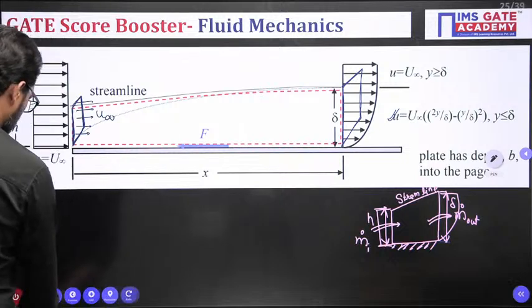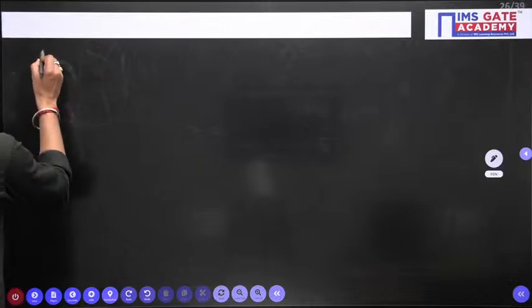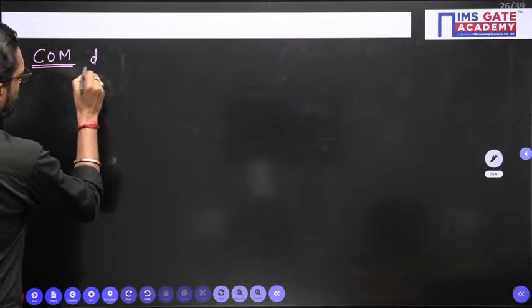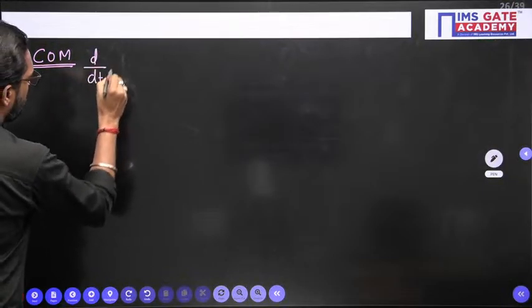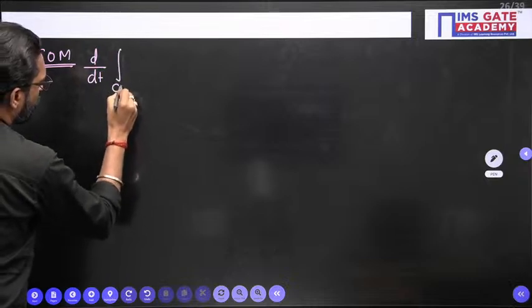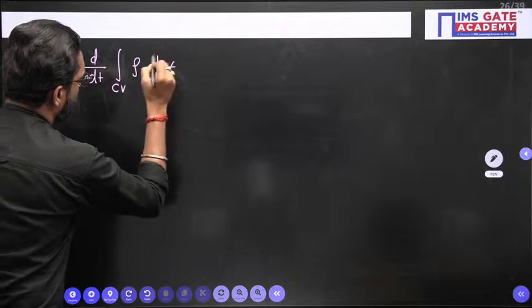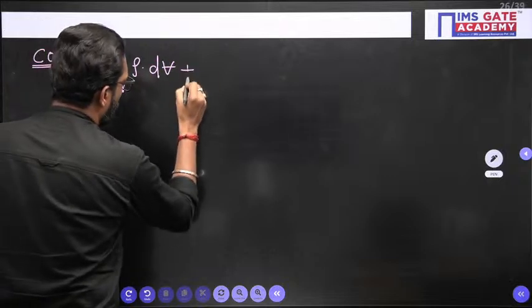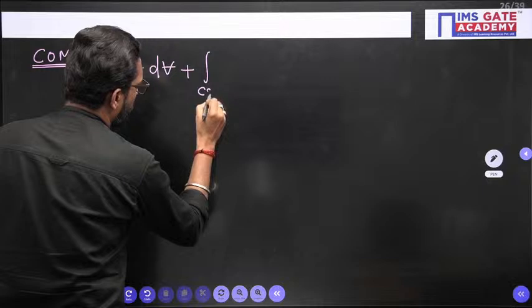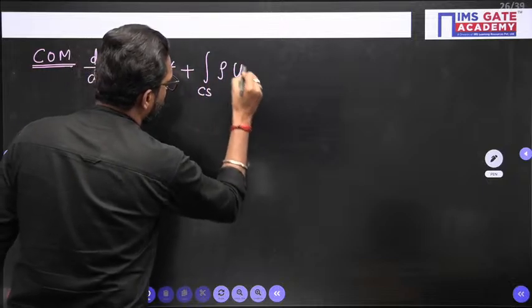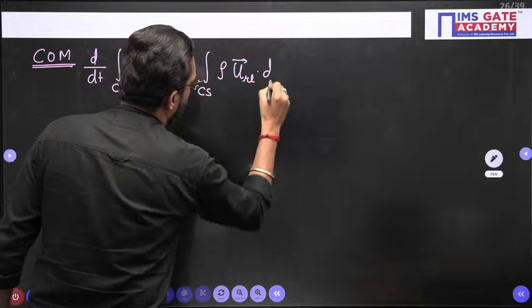So we have to apply the conservation of mass. What is the conservation of mass, beta? d/dt of the integral over the control volume of rho dV, plus the integral over the control surface of rho times the relative velocity dotted with dA vector.